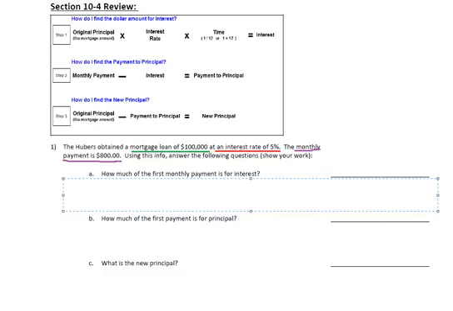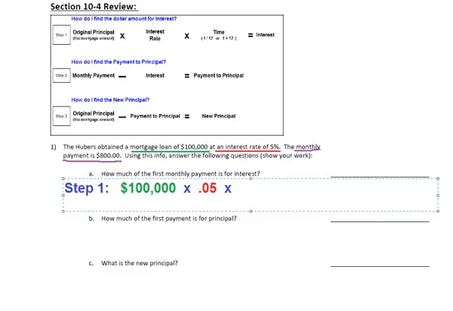Well, what we are going to use is step 1. Step 1, what was the original principal, also known as the original mortgage amount? It's that $100,000. We're going to multiply it times the interest rate. Now, our interest rate is 5%. But if you want, you can go ahead and convert it to 0.05 by moving the decimal over to the left twice.